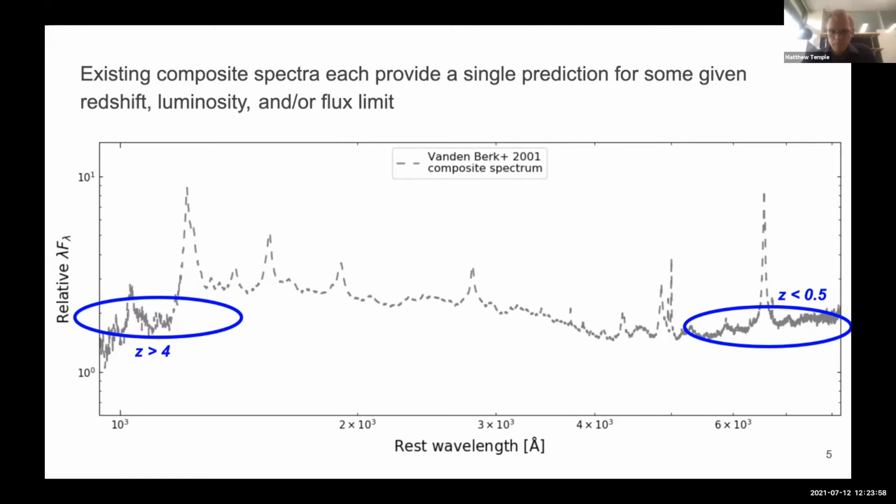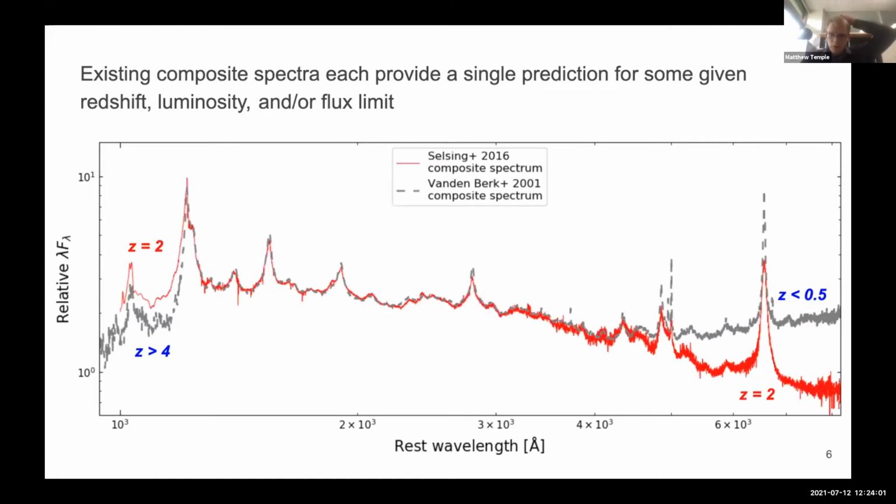We can see this by comparison with the Salsing 2016 composite, which is also gaining some traction, and that was formed using X-shooter spectra of very luminous quasars, all at redshift 2. So these are very bright objects, all at the same redshift. You can see it agrees quite well with the Vandenberg in the 2,000, 3,000, 4,000 angstrom range.